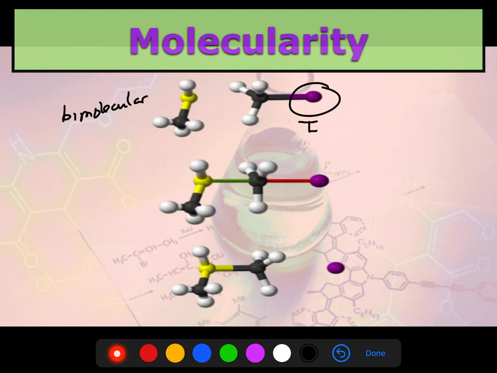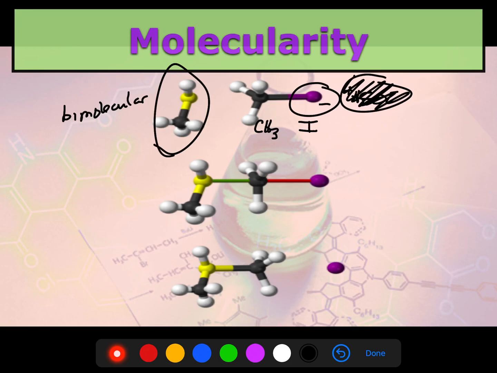And what they're showing here is that maybe this purple is iodine, and then the rest of this is CH3, and this is going to be attracted again to a water molecule, positive end, negative end, and iodine is very electronegative. So that would be unimolecular if the water molecule was involved. We don't need the water molecule for this, it's bimolecular.